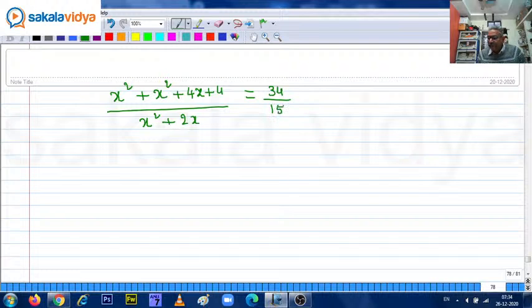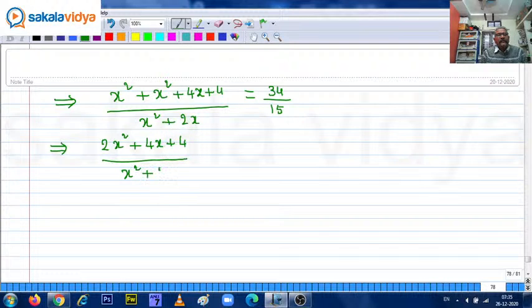So now let it be simplified. x square plus x square, 2x square plus 4x plus 4 upon x square plus 2x equals 34 upon 15. Cross multiplication we need to do.